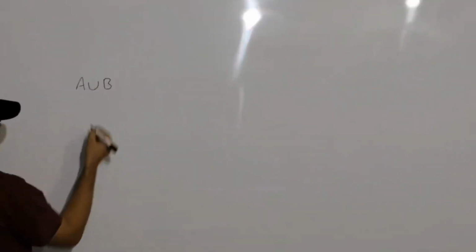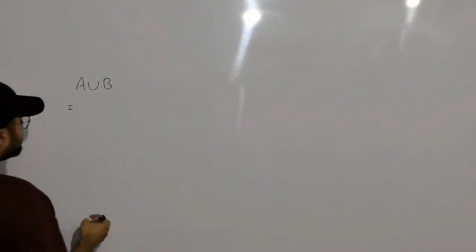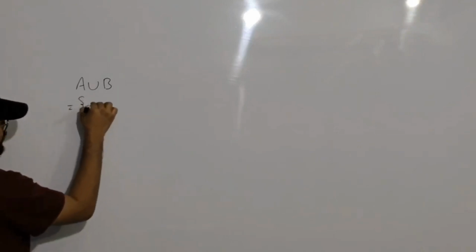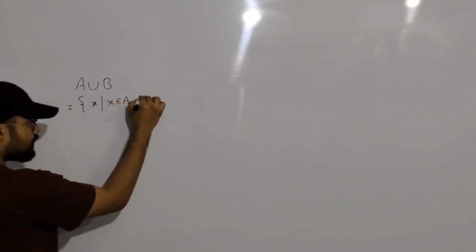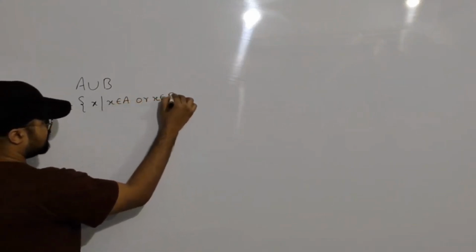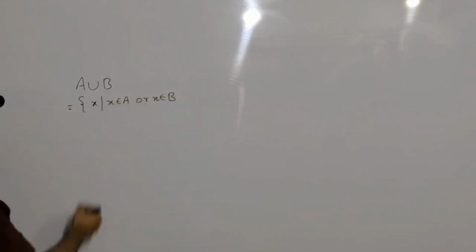A union B is equal to x such that x belongs to A or x belongs to B, right?